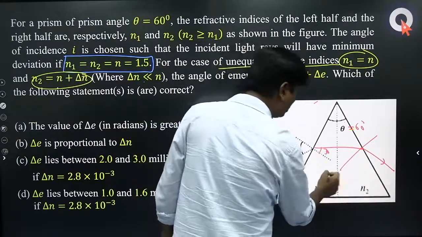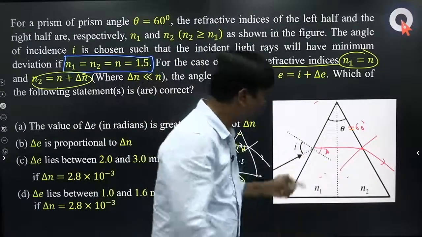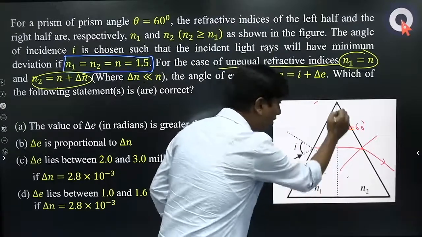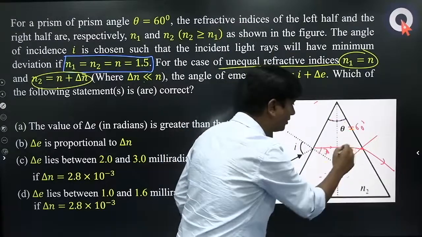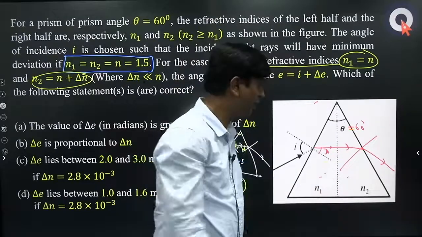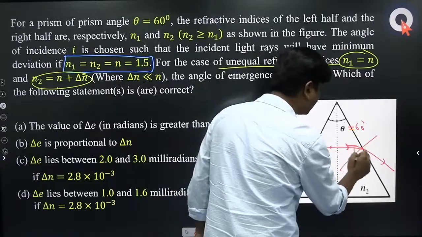Even if these two are not equal, is the ray not going normal to this face? When the ray is going normal to this face, definitely it will go normal only, right? So even if these two are not equal, it will go the same way, and this angle is still 30 degrees.